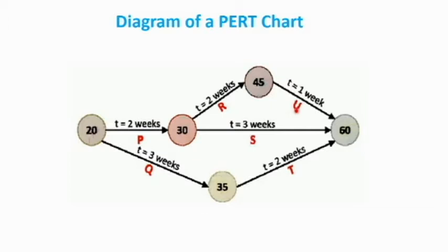And we also have another path which begins from P, which is the first activity, passing through C, passing through S to the last activity. And the last path is Q and C. We will come back to this when we are performing calculations under the critical path.